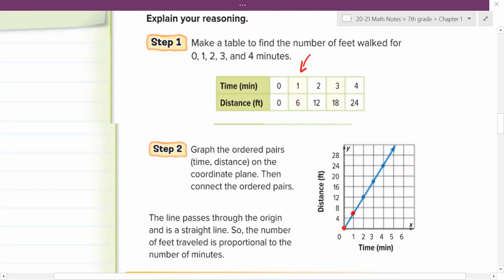And even though 6 isn't labeled, it's halfway between 4 and 8, the same way that your Snoopy homework on Friday was. Okay. Then after 2 minutes, it's moved 12 feet. Then after 3 minutes, it's moved 18. Then after 4 minutes, it's gone 24. So here's what I'm doing. 1, 2, 3, 4. And then I go up to 24.